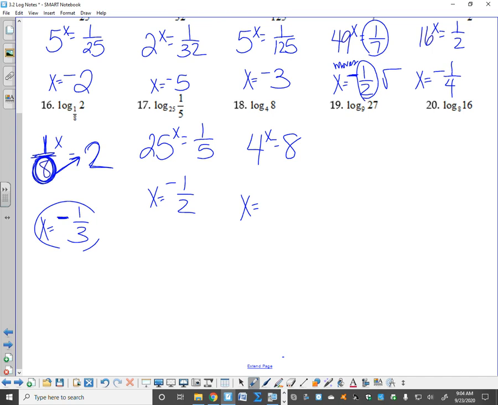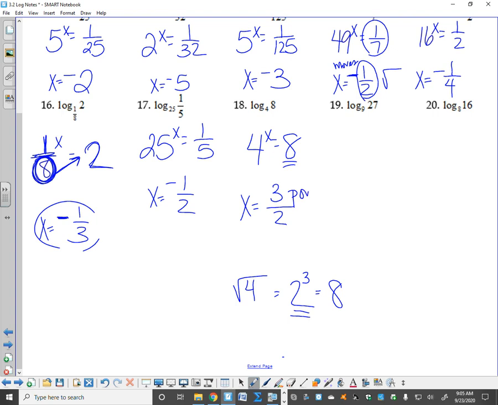Well, the only root I can do of a 4 is a square root. So I'm going to put a 2 on the bottom. Okay, so all that does is square root the 4, and that gets me a 2. Now get me from a 2 to an 8. Well, I would need to cube it. So I'm going to cube it.